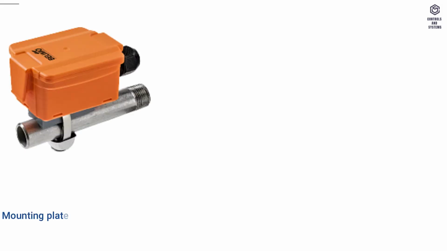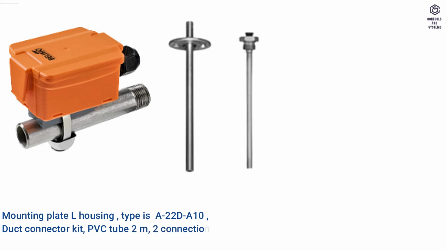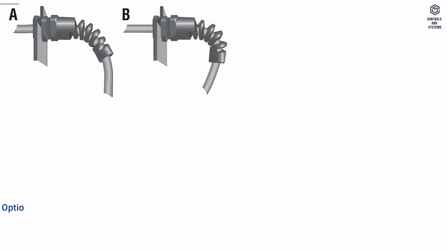Scope of delivery. Mounting plate L housing, type is A22D810, duct connector kit, PVC tube 2 meters, 2 connection elements, plastic, 4.22 AD, type is A22AP08, dowel, screws. Accessories. Optional accessories.